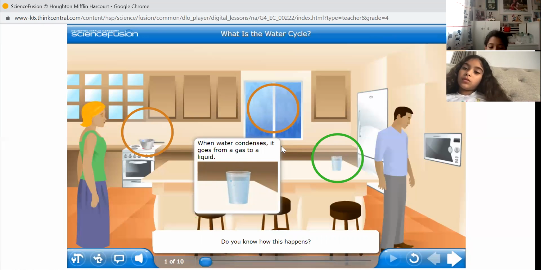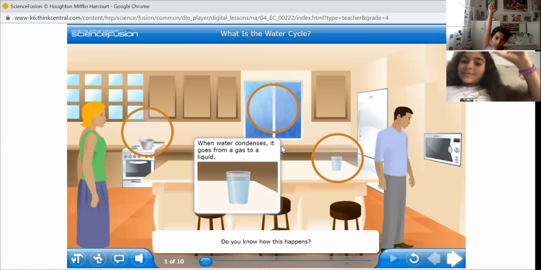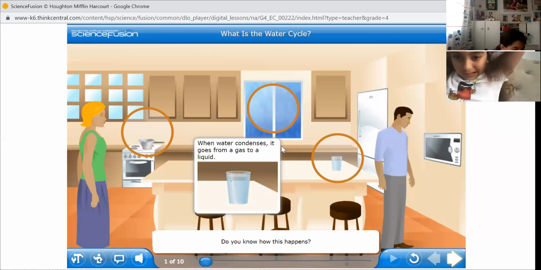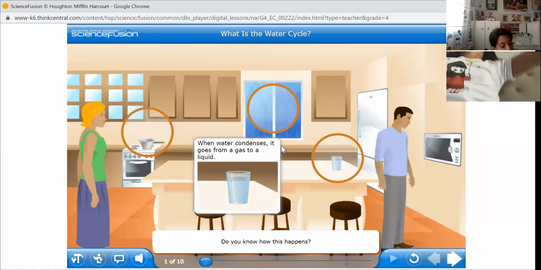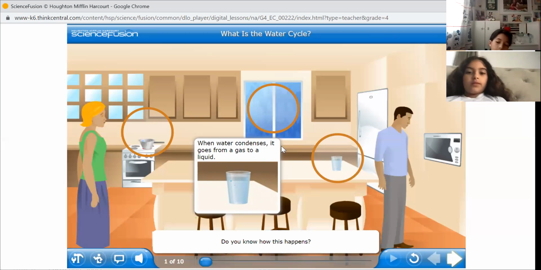Now, what happens over here when cold air meets hot air? Hi, Asilian. What do you think? What is happening here? Condensation. Excellent, condensation. So we saw the three processes that happen in the water cycle in our real life.